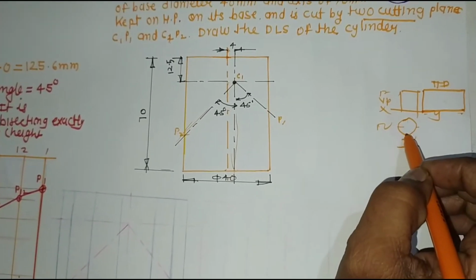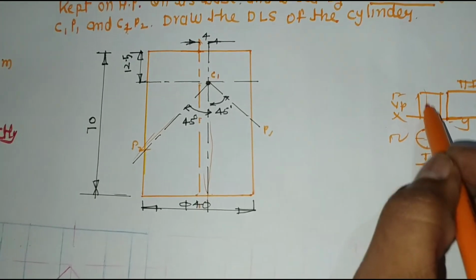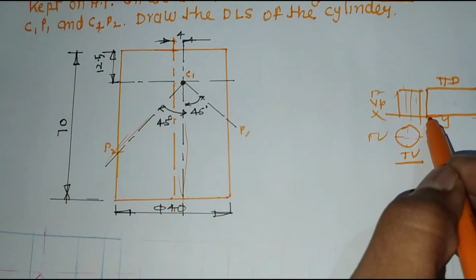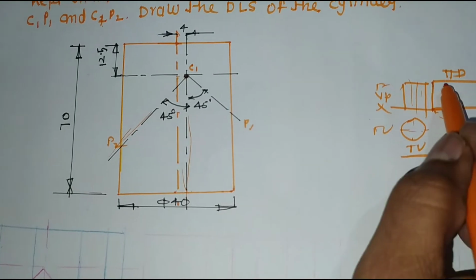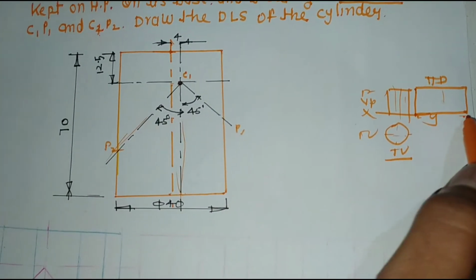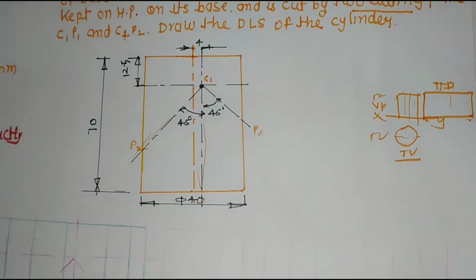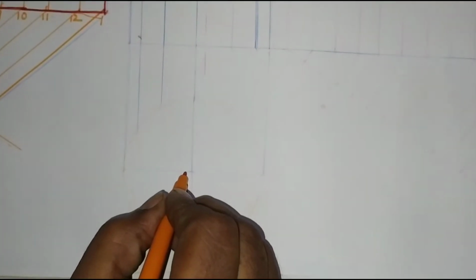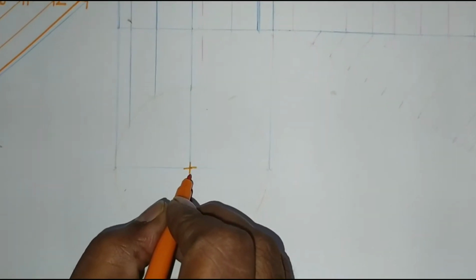If I divide the circle into 12 equal parts, transfer these points here. This rectangle should be divided into 12 equal parts, as we have seen in the last lecture. First I will take the first point here. This is the center line.